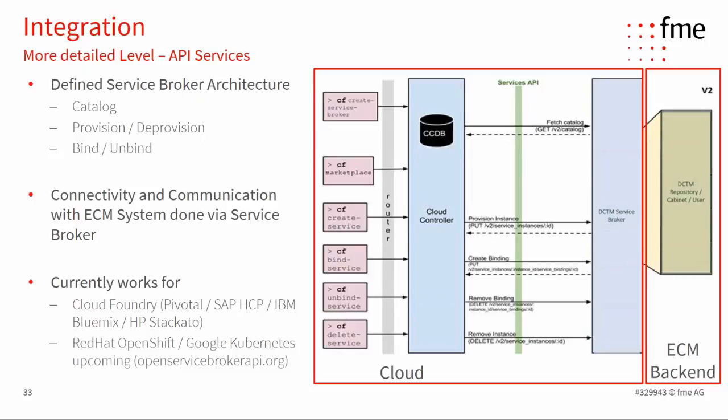This is OpenServiceBrokerAPI.org, and there is information about the status and how the implementation of that service broker architecture is ongoing. And for me, this will be the new industry standard for how to connect third-party systems, ECM systems or databases to cloud applications. And this will work for OpenText and Documentum systems very well.